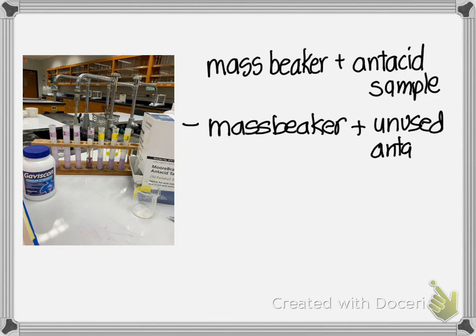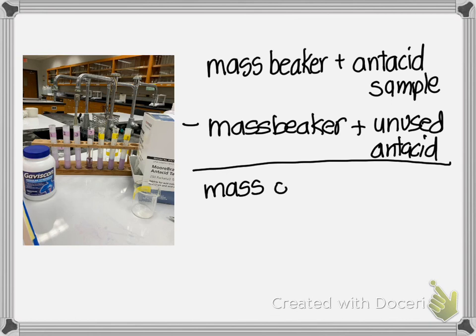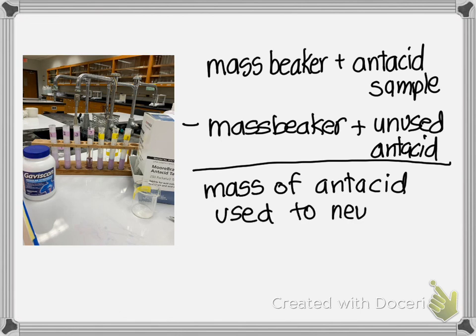What you're measuring is how much I scooped out of the beaker in order to make the acid neutral to 7. When you subtract those 2 numbers, you get the mass of the antacid used to neutralize HCl.